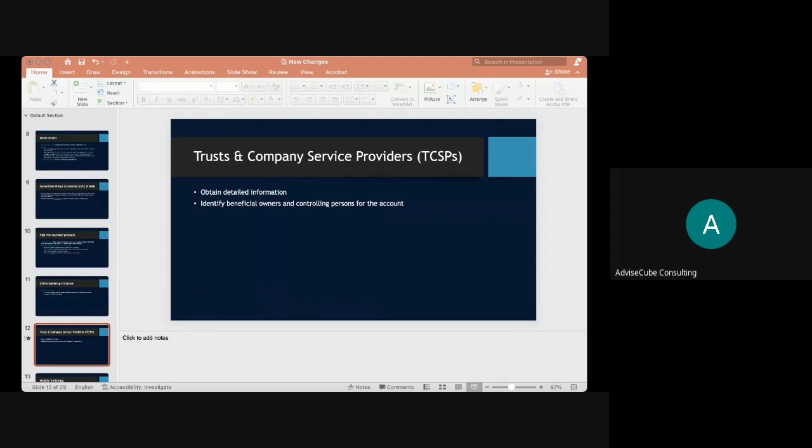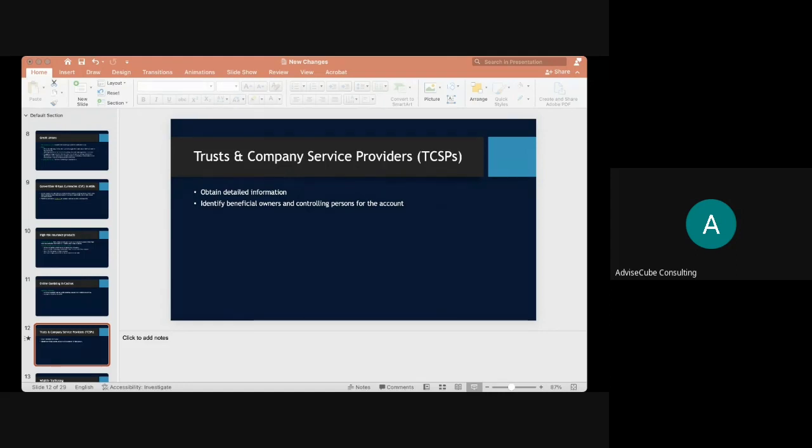Okay, all right. So in this section, they have now asked these trust and company service providers to obtain detailed information on who is creating these trusts, because we all know that trusts previously have been created to conceal the owners.